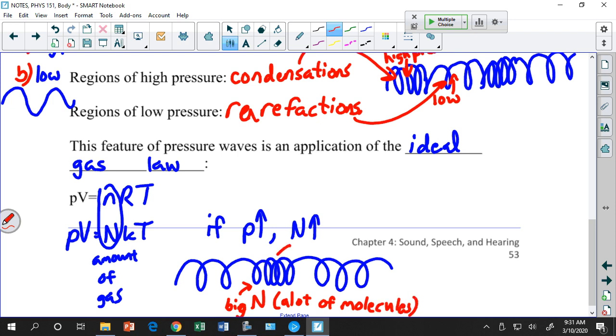And because I have that, I also have a high pressure. So if my N value increases, then my pressure also increases. Your book talks about that in a bit, just how we apply the ideal gas law in these compressional waves, that the amount of gas increases, the number of molecules increases, so that means that the pressure also increases.